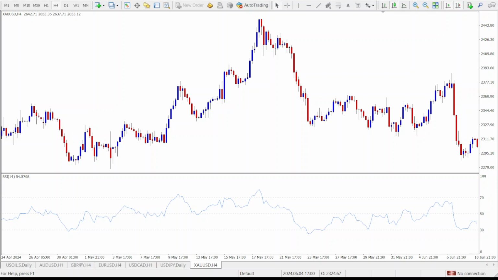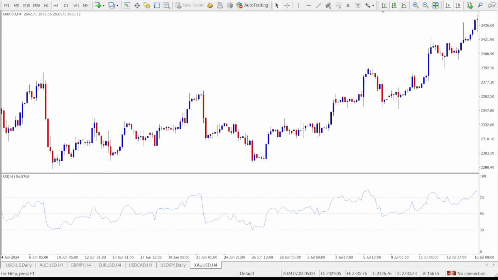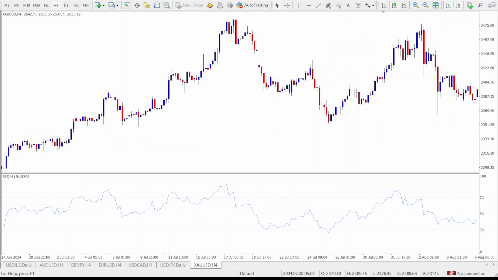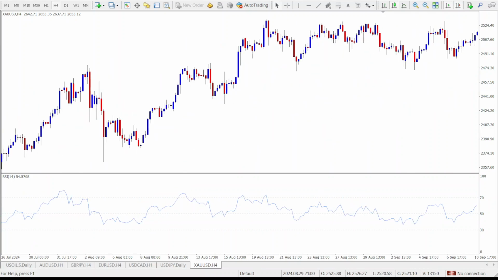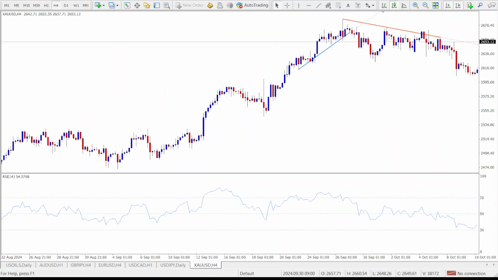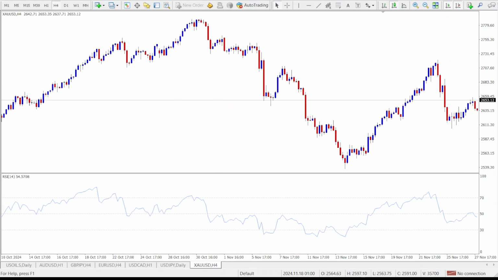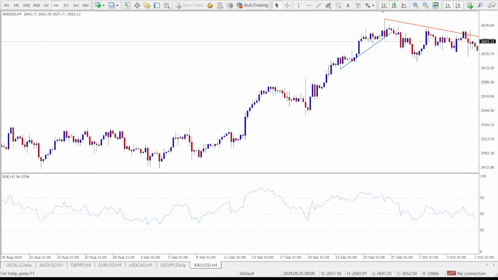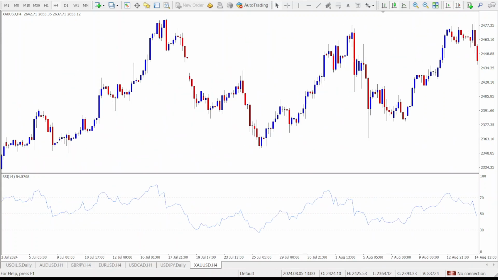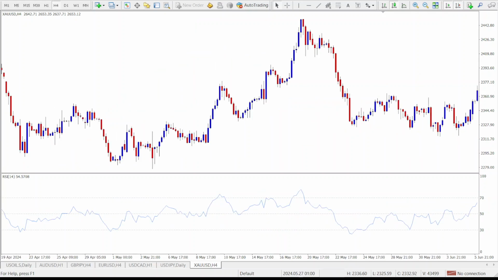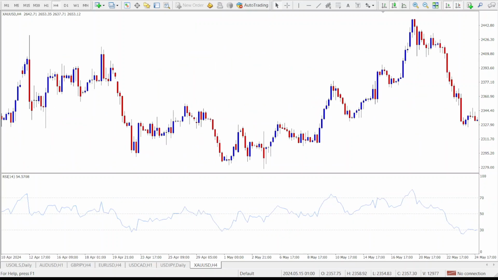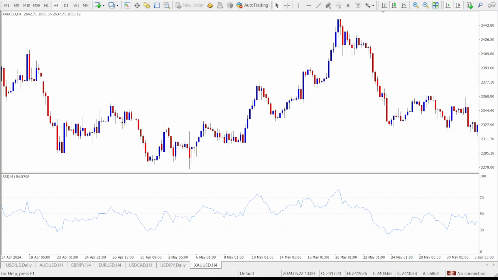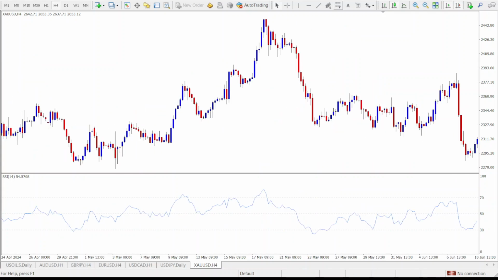Now the bearish hanging man candlestick pattern typically appears after an extended uptrend, and it serves as a warning signal of a potential reversal to the downside. So it means that before you find a bearish hanging man candlestick pattern, most likely there is going to be a preceding bullish trend.